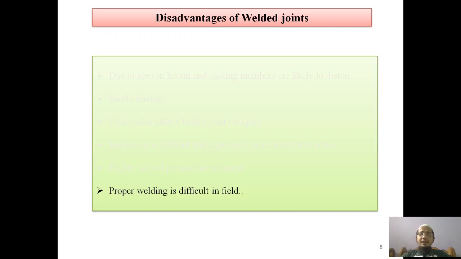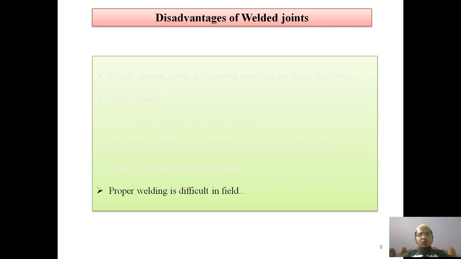But in case of welded joints, it is very difficult to provide proper welding in field conditions. Welded structures made at the fabrication store or at the shop or workshop will provide good and proper welding, unlike in the field, and this is also the disadvantage of using welded joints.